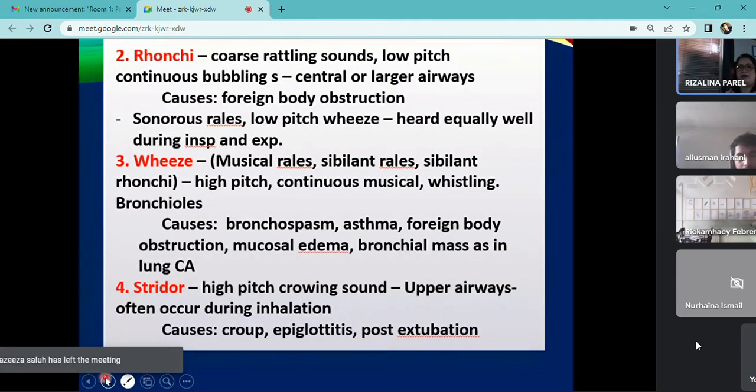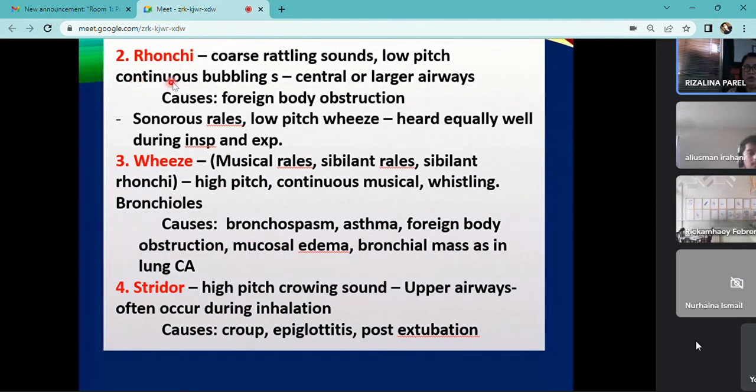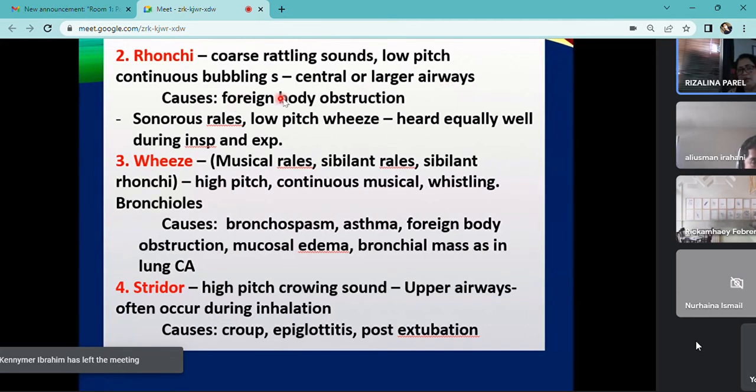Bronchi, galing yan dito sa mga meron siyang low-pitch, continuous bubbling sound at the central or larger airway. So bronchi yon, like in foreign body obstruction. So try nyo yan kapag nakakita kayo ng pasyente na may foreign body obstruction and bronchi yung maririnig natin.